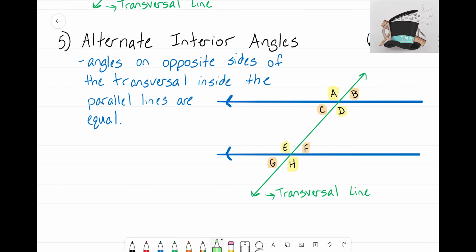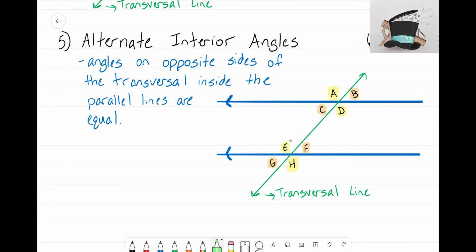Now, our definition says angles that are on opposite sides of the transversal. Do we see here that I have angle E? As I'm sliding up my transversal to look at the angles at the top, do we see that when I look up from E, angle D and angle E are equal?